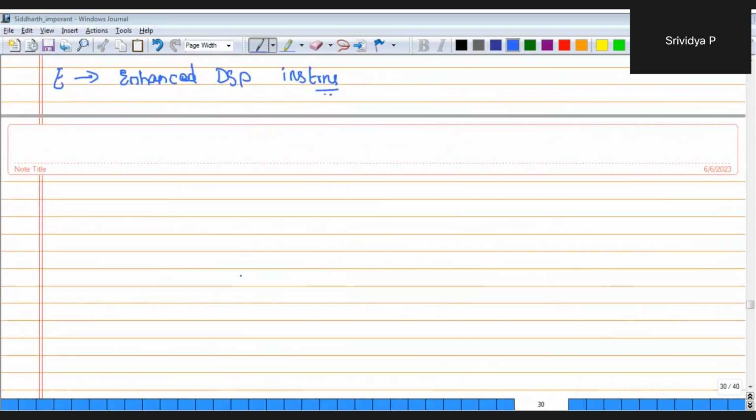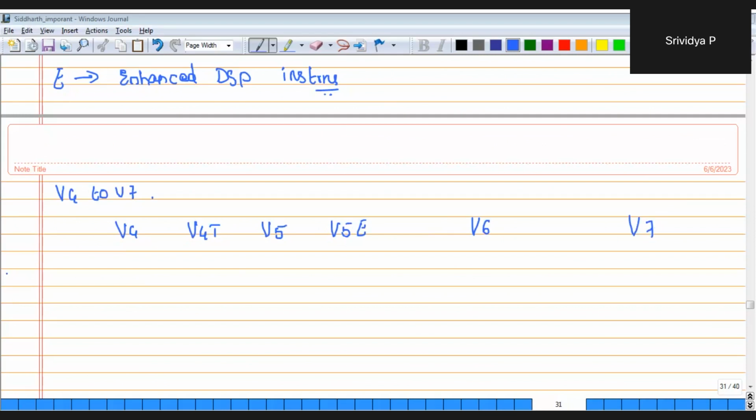Let us now move on to a detailed comparison of V4 to V7 processors. After V4, we have V4T, then V5, then V5E, where V5E stands for V5 with enhanced DSP instructions, then V6 and V7.